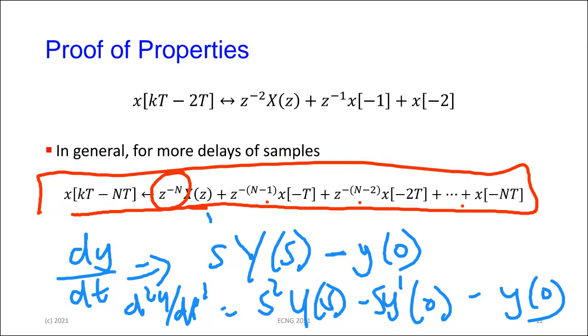So you take a similar sort of approach here, except that, as you remember, this is continuous time, this is discrete time or difference. So it's kind of like bringing the initial conditions into the situation.